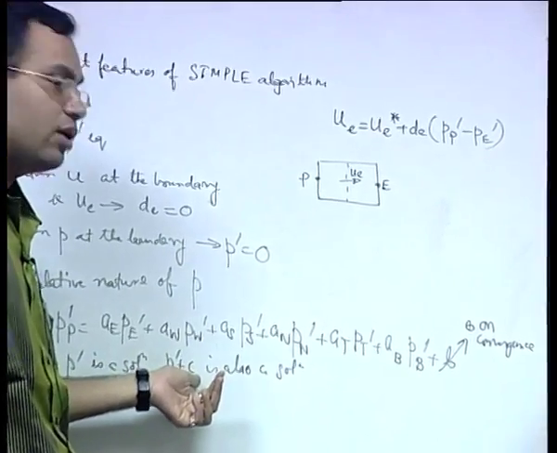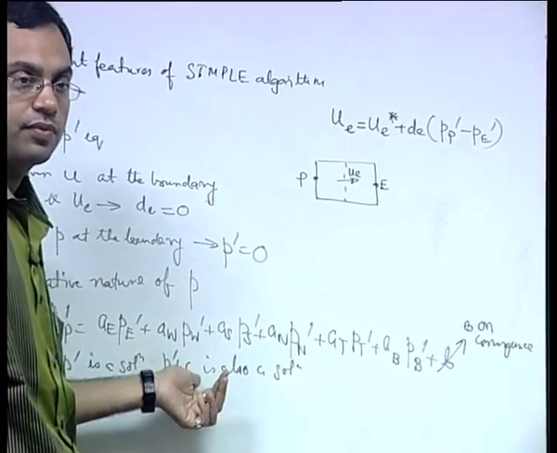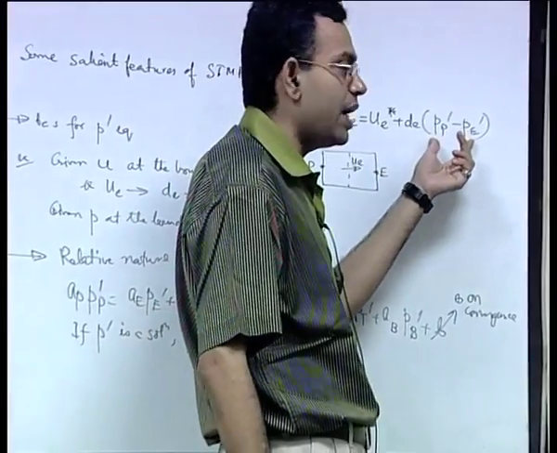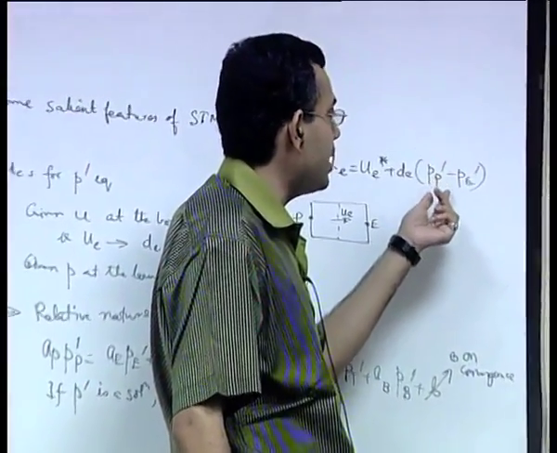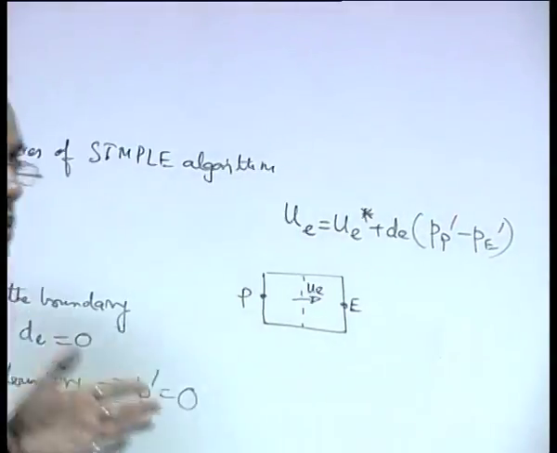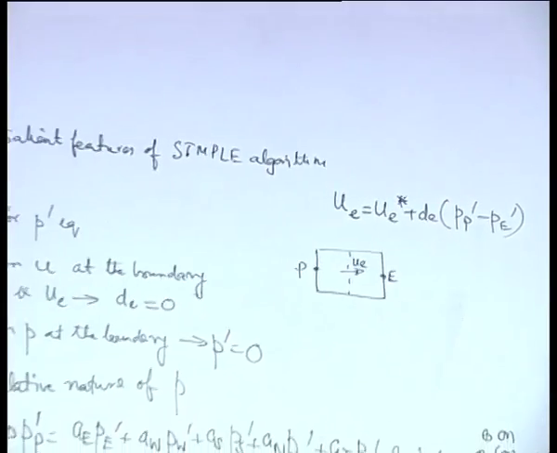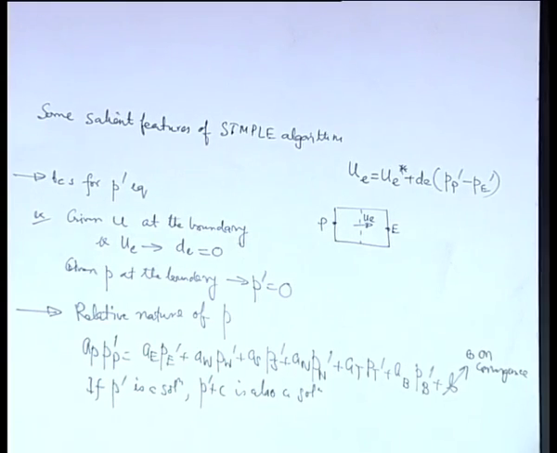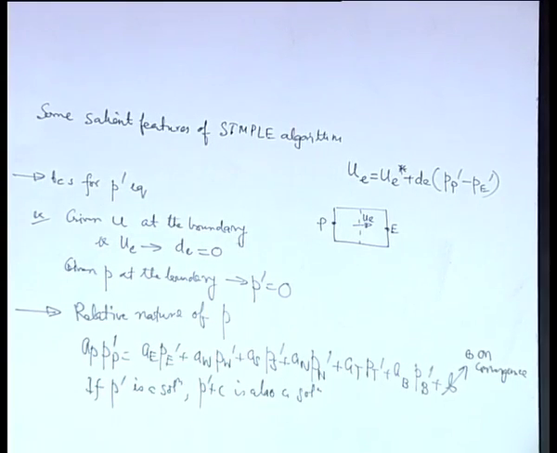Irrespective of the value of C, it will come out to be the same, because for example P_P prime minus P_E prime is the same as P_P prime plus C minus P_E prime plus C. So that plus C will not matter, it is the difference in pressure or the difference in pressure correction that matters.